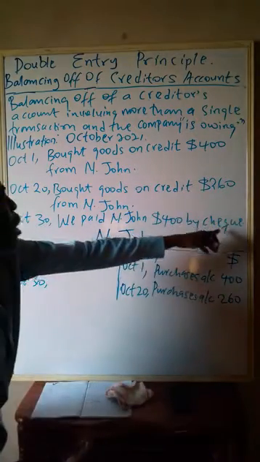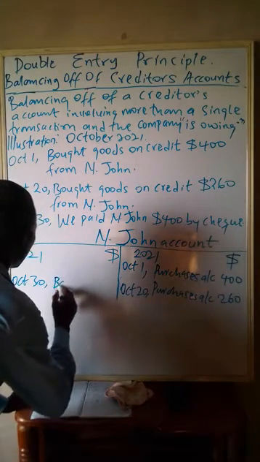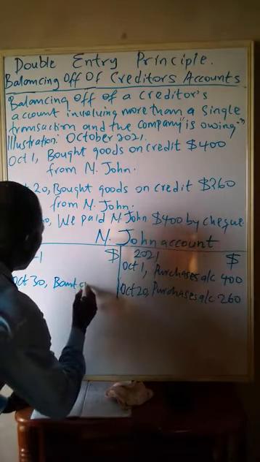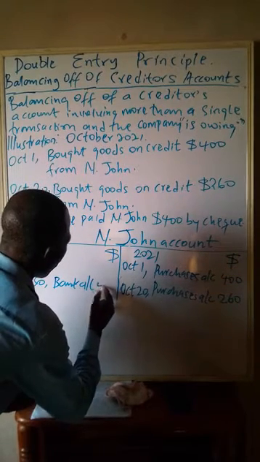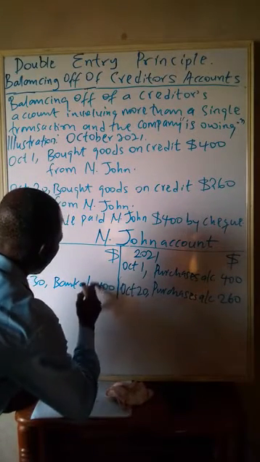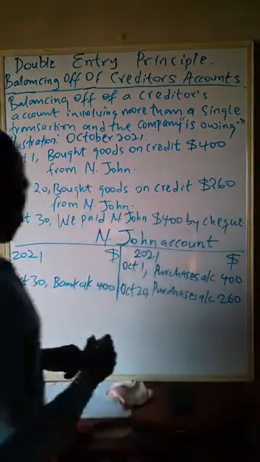You pay by check. I've told you that whenever you see check, that is a bank account. The corresponding entry here is the bank account. How much do you pay? $400.